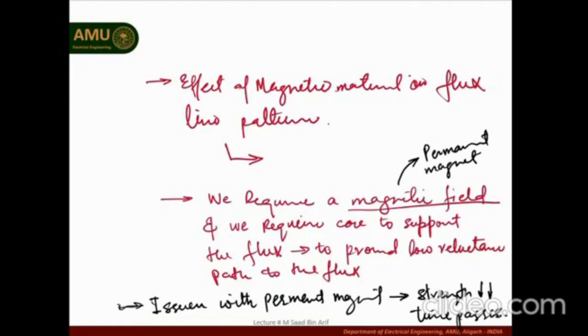So the magnetic field produced due to current is called an electromagnet. As you already studied in your physics course, when current passes through a conductor, this current creates a magnetic field.